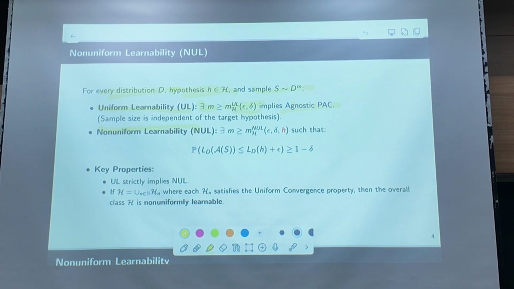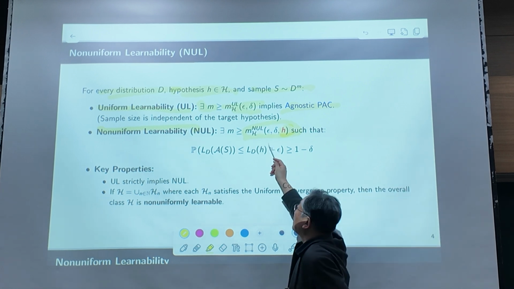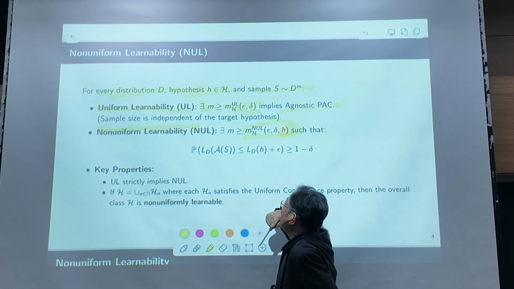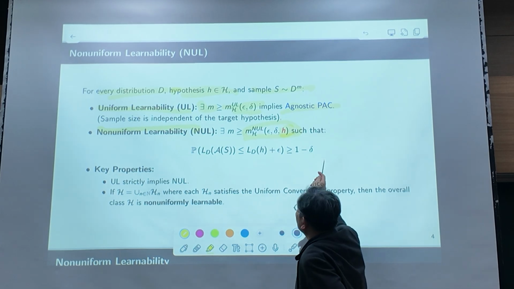Non-uniform learnability is where you include this H, the hypothesis. For each hypothesis, you have some sample complexity, and if you have more samples than that, then this is true.